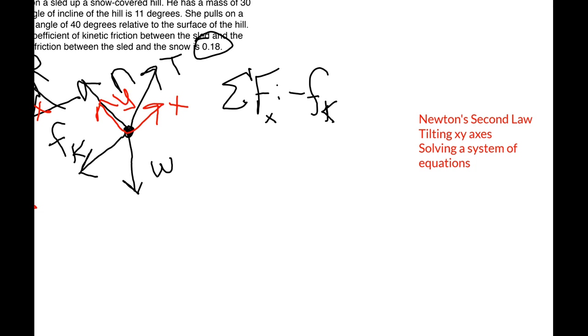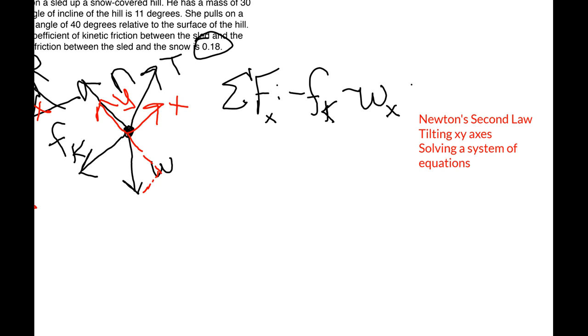And then the weight has an X component, which is going to be pointing in the negative direction, right? If we break this weight down into a little right triangle here, we can see we've got an X component and a Y component. So I'm going to call that weight sub X.